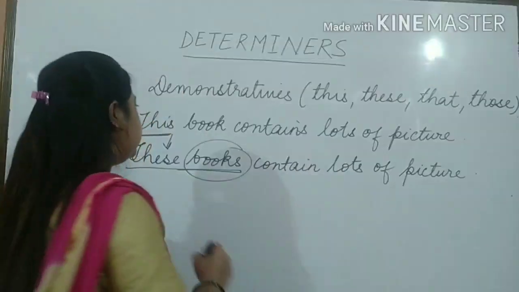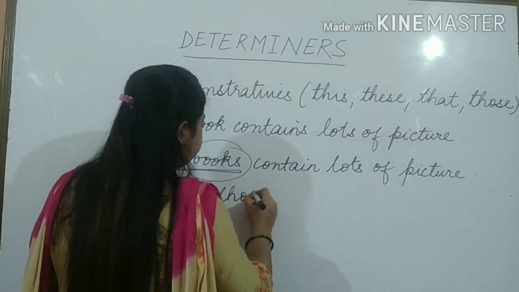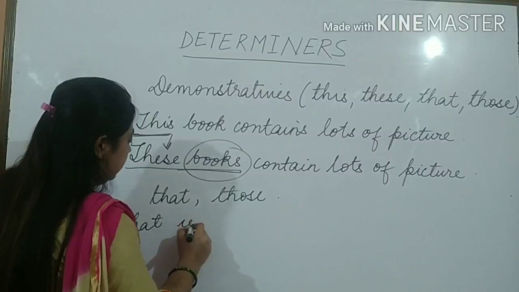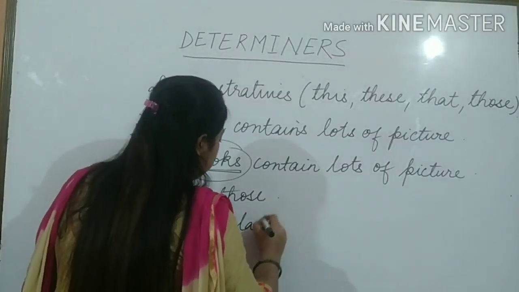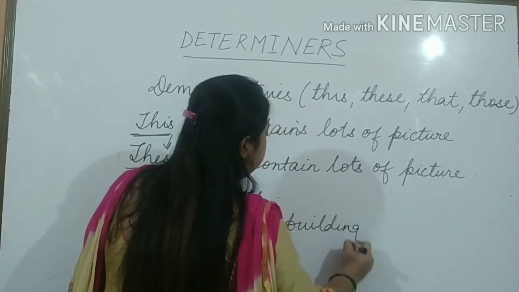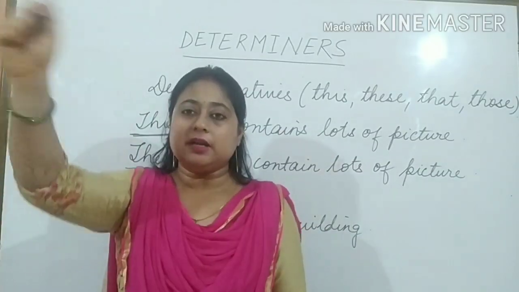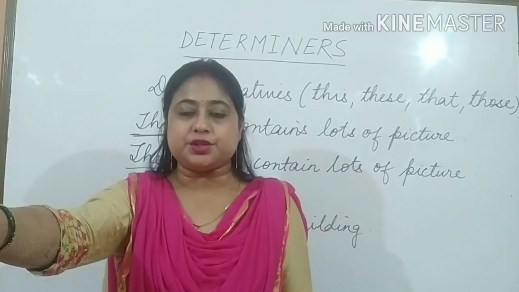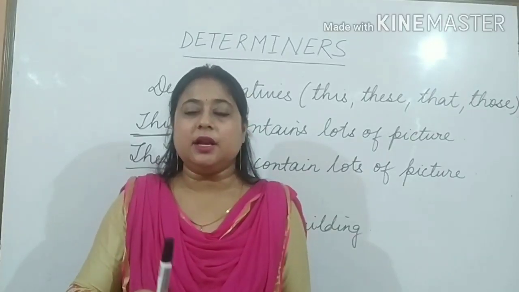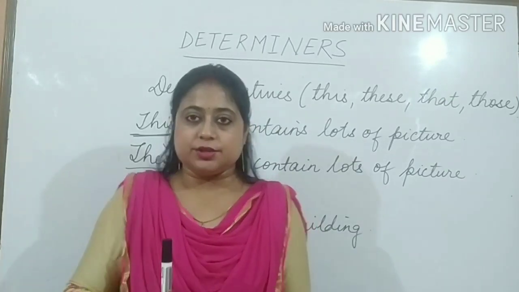The next one is that and those. That is a tall building. So, over here, I'm talking about that building. That boy is sitting at last. So, for someone who is a singular person and is at a distance, there we use that.